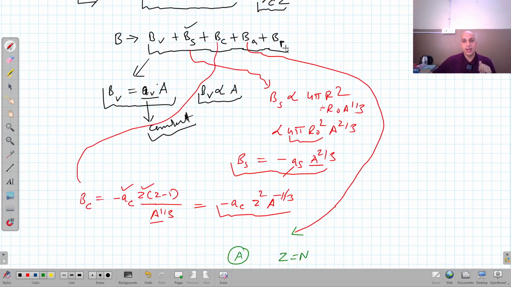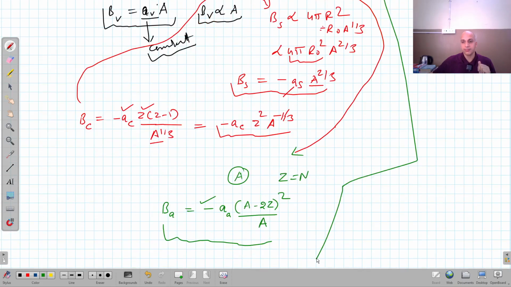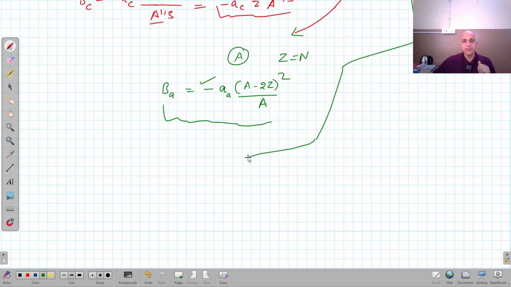Now I am coming to the last term, the pairing energy term, B pairing. The nucleons inside the nucleus have the tendency to form pairs, and when the pairs are complete, the nucleus is extra stable.